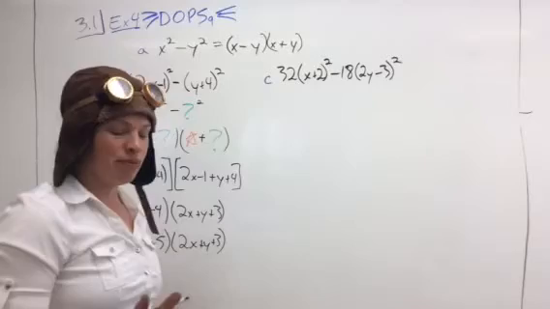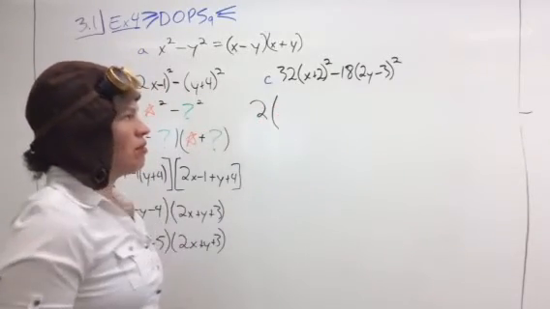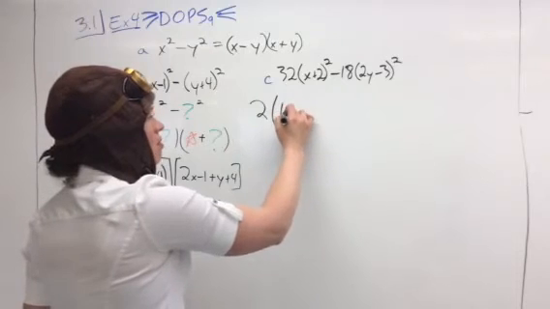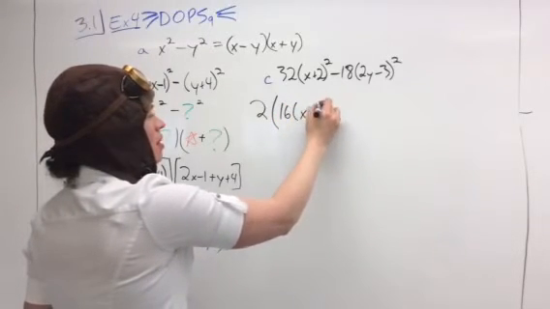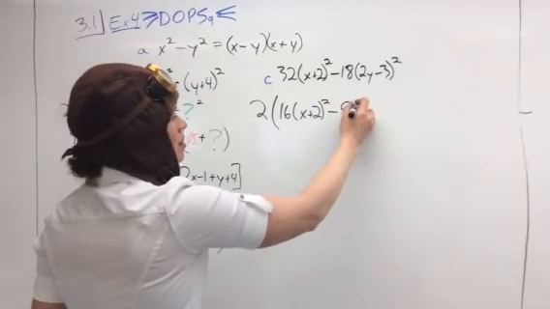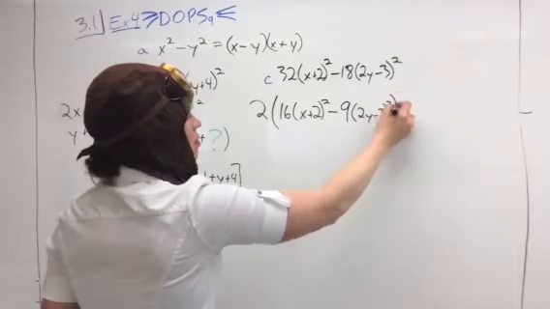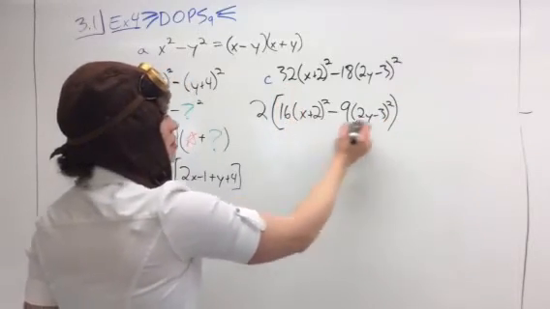Let's try taking a 2 out. Put the big 2 out here and rewrite those numbers. 32 becomes 16, x plus 2 squared, and 18 becomes 9, 2y minus 3 squared, all in the big brackets.